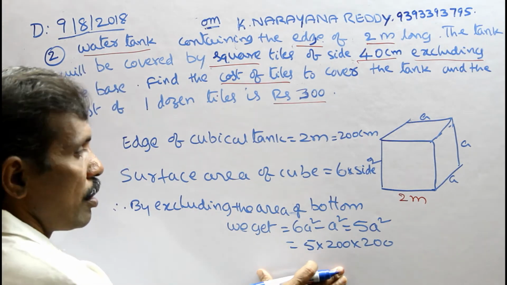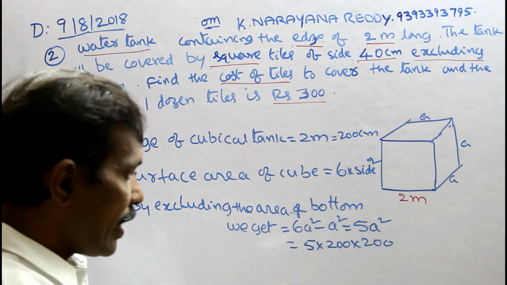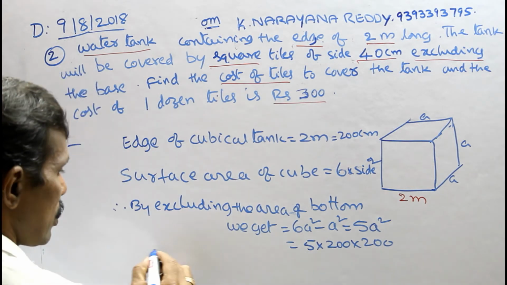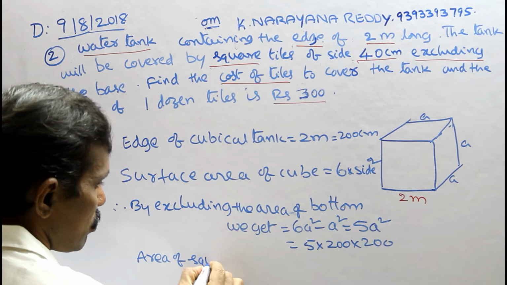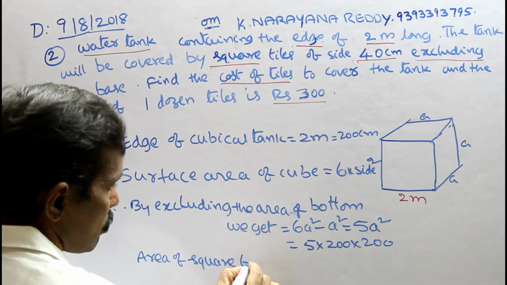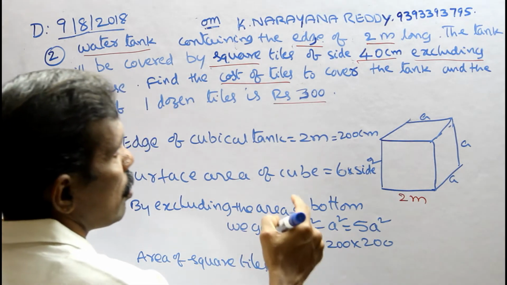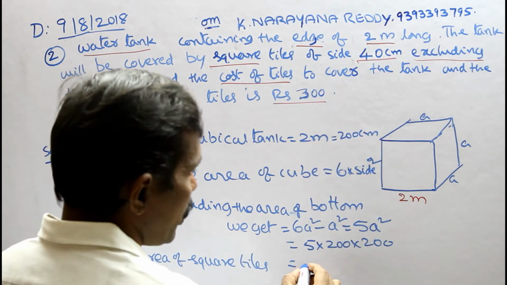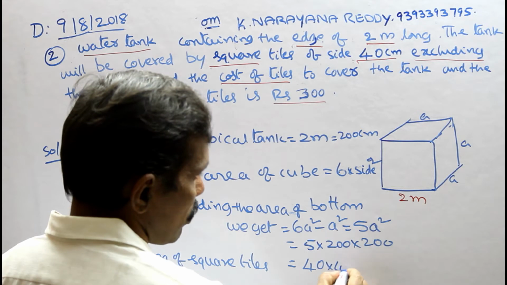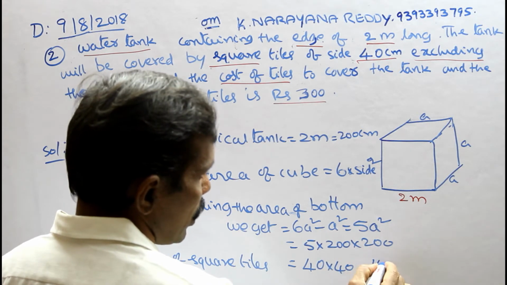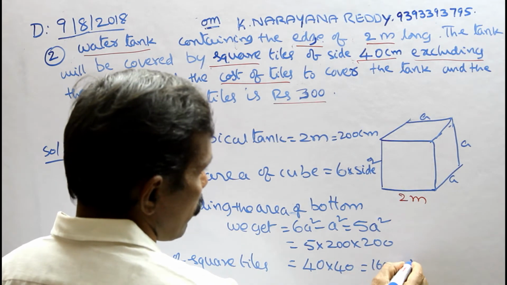This is the surface area. But what is the area of a square tile? 40 into 40, 1600 centimeter square. Why?